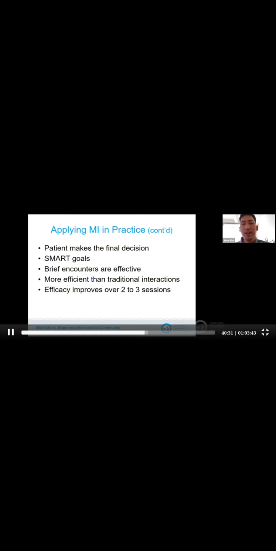As I stated, it may not be the decision you agree with, or you may feel that it's not the best decision for that patient, but the patient is the one making that decision, and you're working with them on their own goals. And specific to their goals, it's important for their goals to be SMART goals.